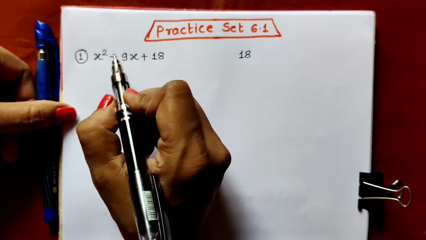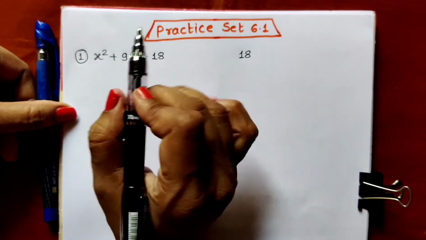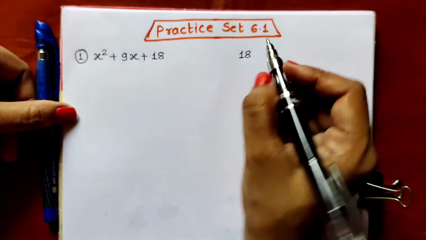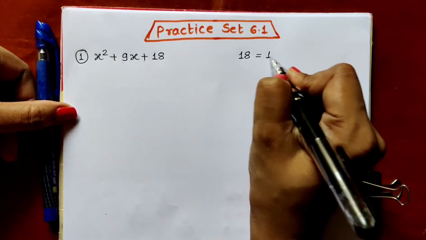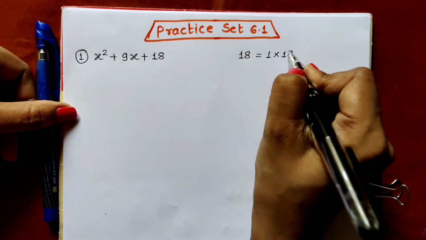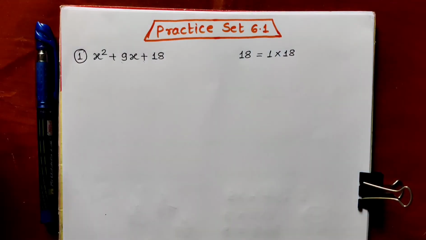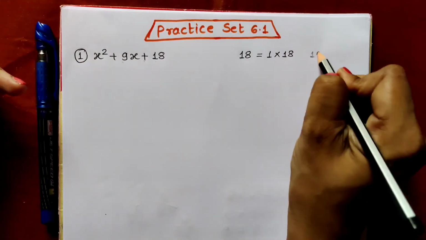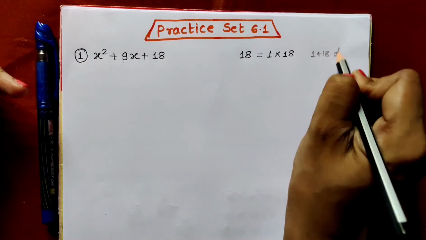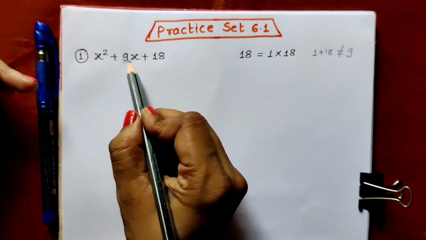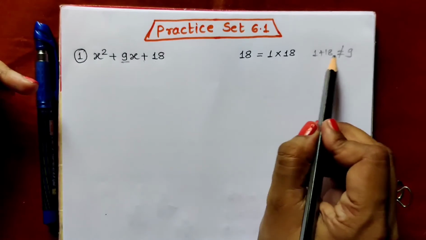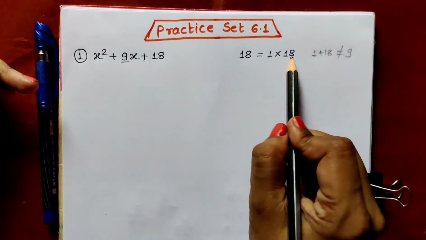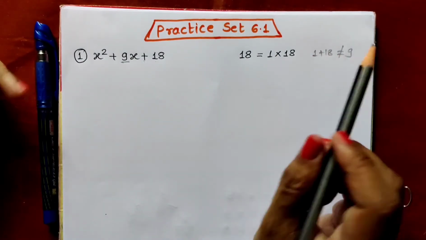The middle term coefficient is 9. So two factors of 18, let us find out. First two factors will be 1 into 18. But 1 plus 18 is not equal to 9. We require the addition of these two factors to be 9.